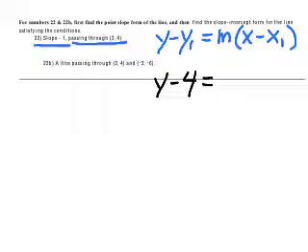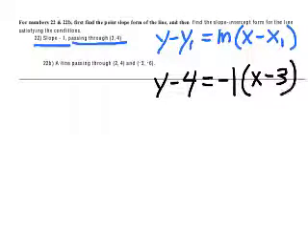The slope is a negative 1. That's times x minus x1, which is our 3. So the x1 and the y1, that's just a specific point. See, our y and our x are any point. Okay, so there we have it. That's the point-slope form of that equation.